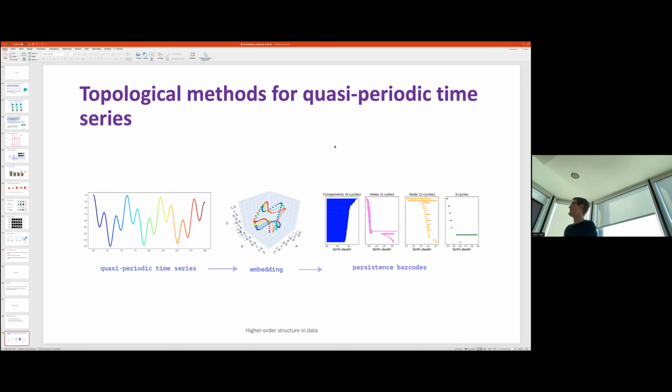This approach is usually used to model quasi-periodic phenomena in the atmosphere. If we embed this, and one has to be careful to choose good embedding parameters, what we get is a torus in a high dimensional space, and how high depends on the embedding parameters.